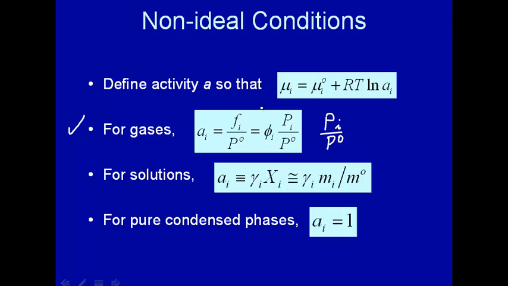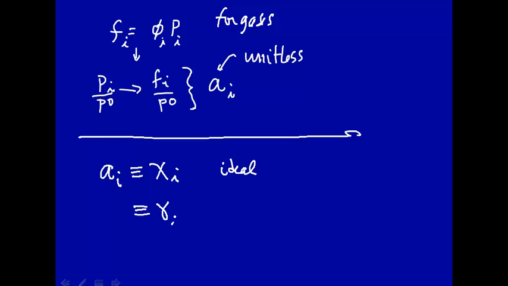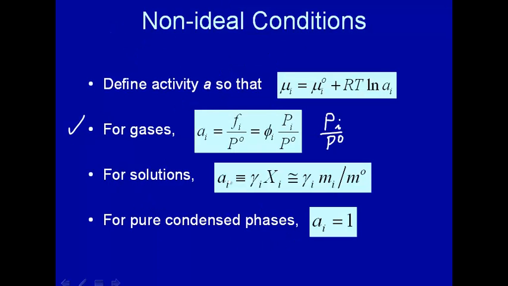And just like we introduced a fugacity coefficient, we're going to introduce an activity coefficient, the Greek letter gamma sub I. For a solution, the activity of I is the mole fraction of I for ideal, or the activity coefficient for that species times the mole fraction of I for non-ideal. The activity coefficient is equal to 1 for an ideal component.